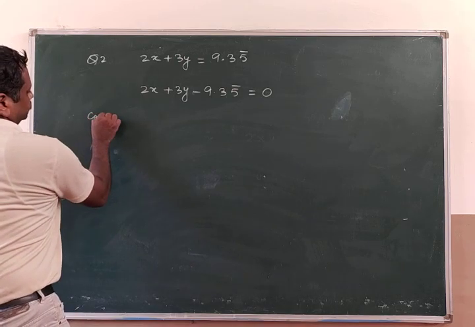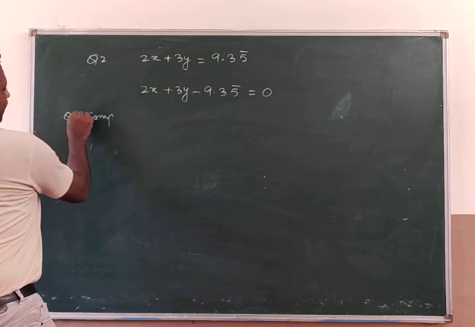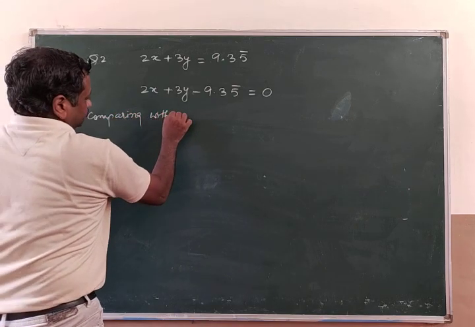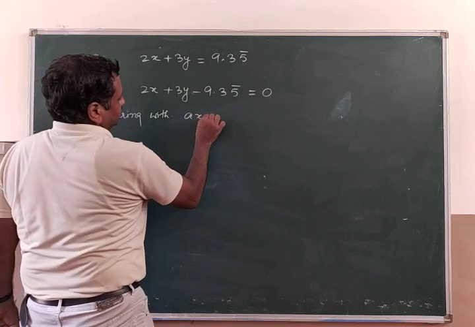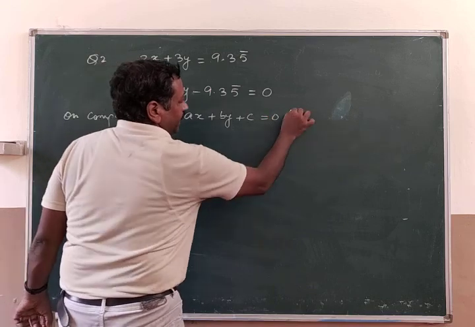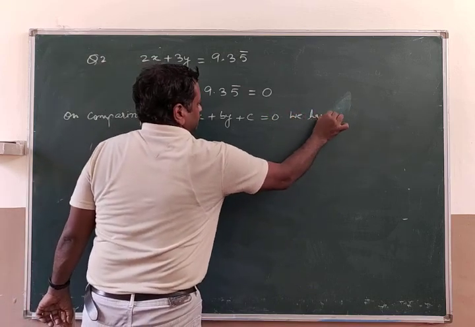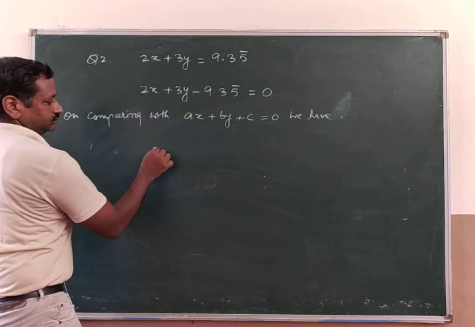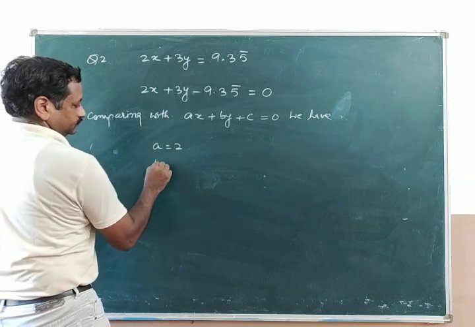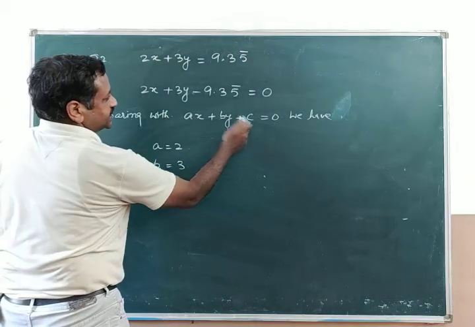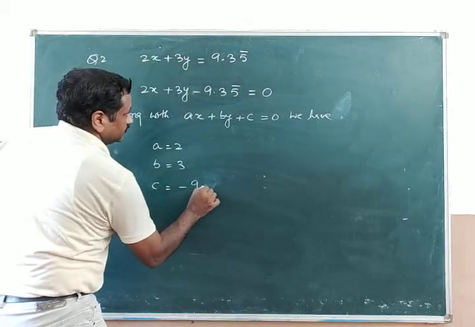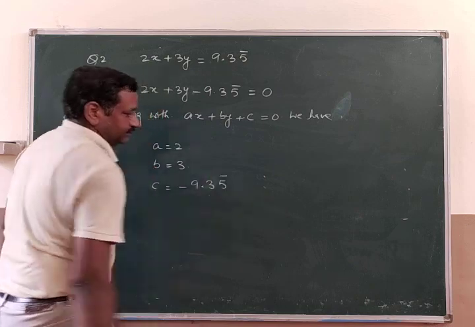Compare it with ax plus by plus c equal to 0. We have a equal to 2, b equal to 3 and c equal to minus 9.3 under the bar 5.